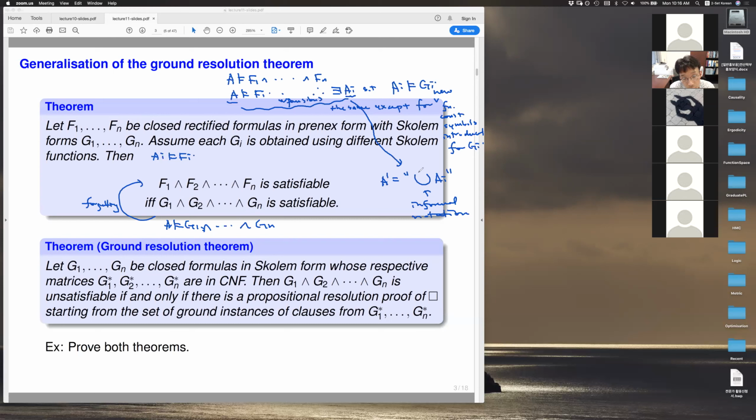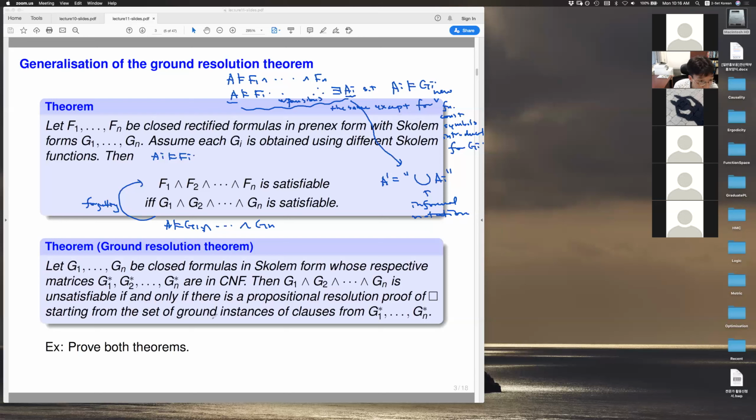To construct one model, we include all these expansions to obtain the one model that satisfies all of F1 up to Fn. You forget according to A1, you also forget according to A2, and so on. You forget everything according to each of these Ai. Then you get models that satisfy all of F1 up to Fn. So that's how you can prove the first theorem.